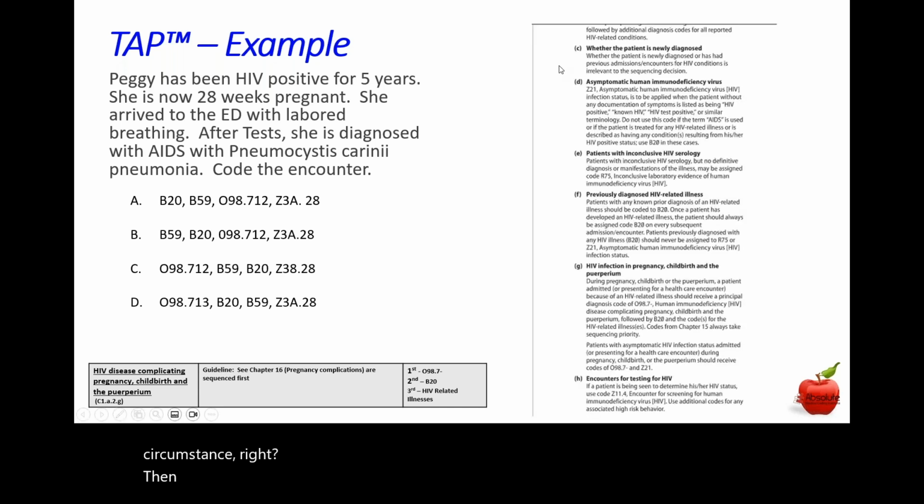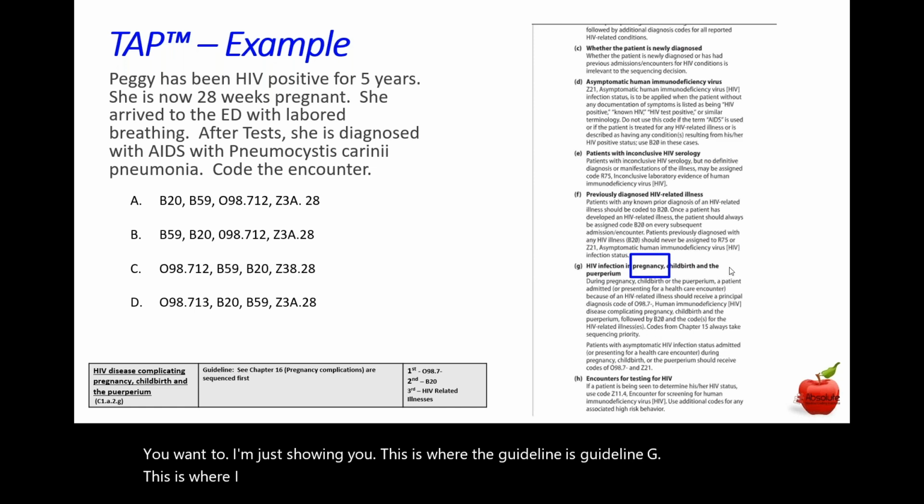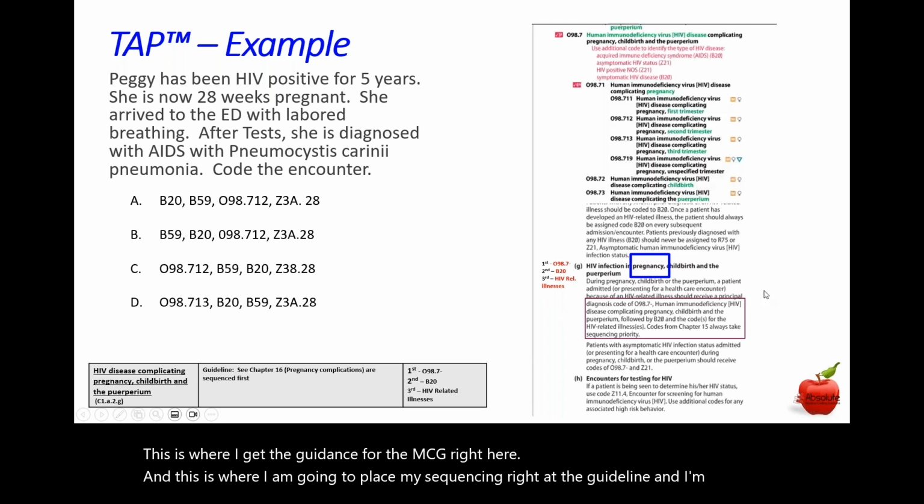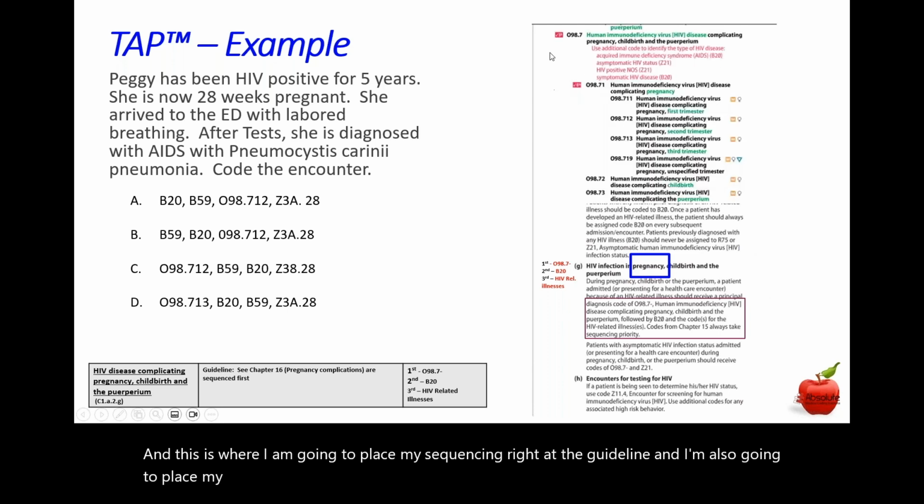I'm just showing you this is where the guideline is, guideline G. This is where I get the guidance for the MCG right here, and this is where I am going to place my sequencing, right at the guideline. I'm also going to place my sequencing in the tabular list. This is where I'm tapping.